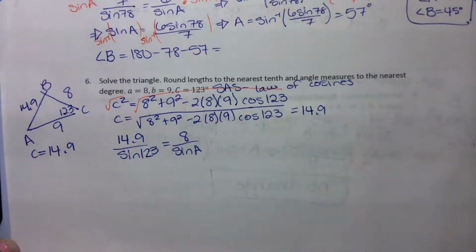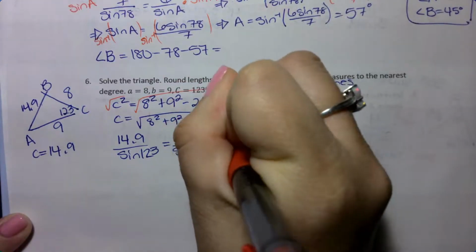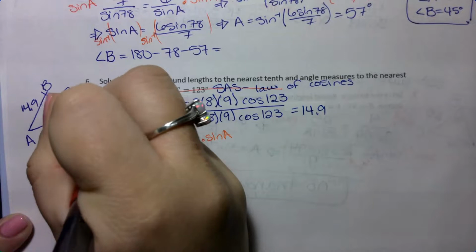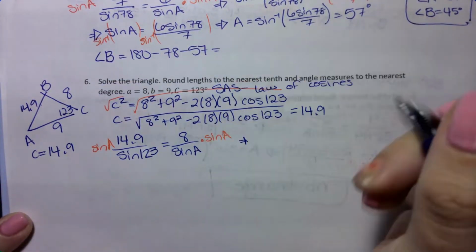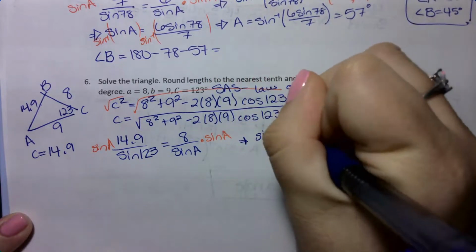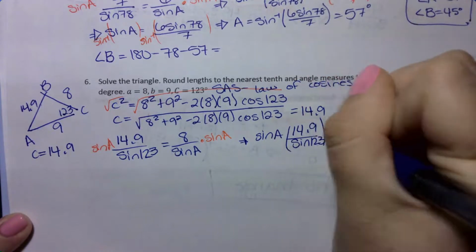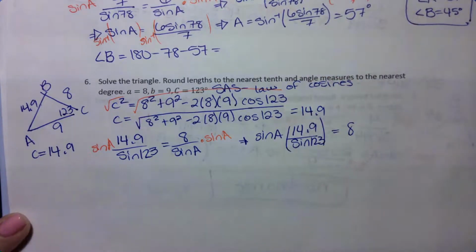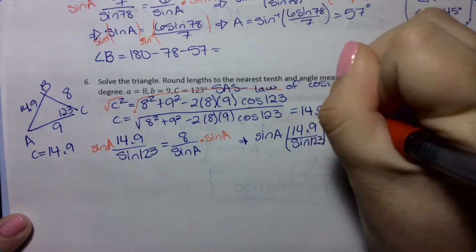Then I just need to use the law of sines to solve. So both sides are going to get multiplied by sine of A. This is going to give me sine of A times that fraction, 14.9 over sine of 123, equals 8. I don't like that fraction with sine of A, so I'm going to multiply by the reciprocal.